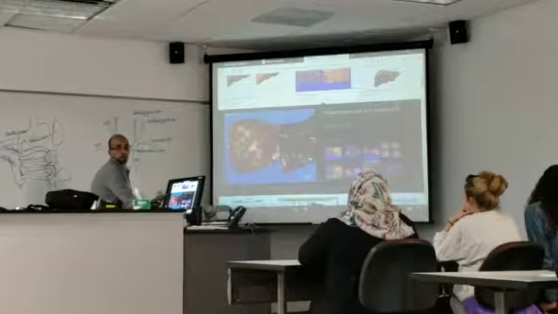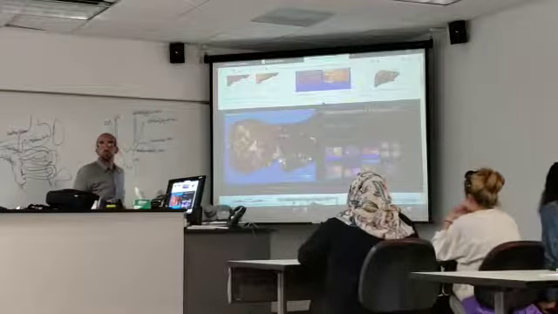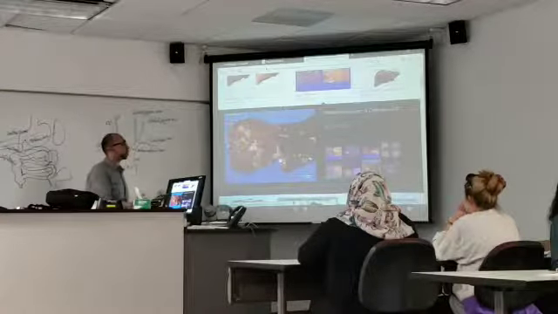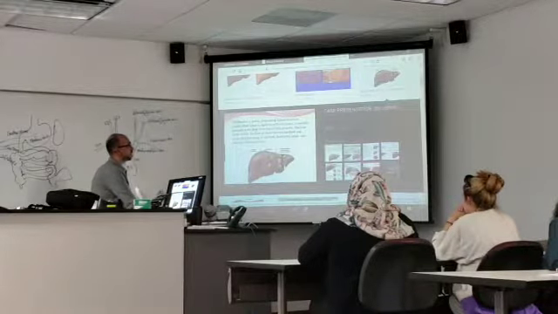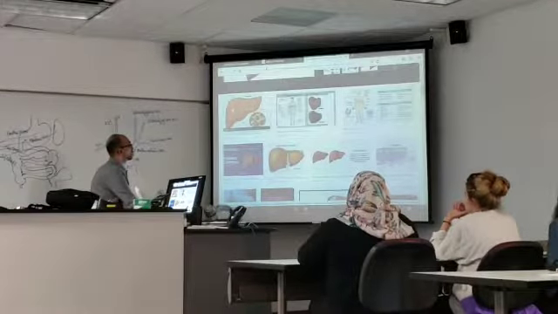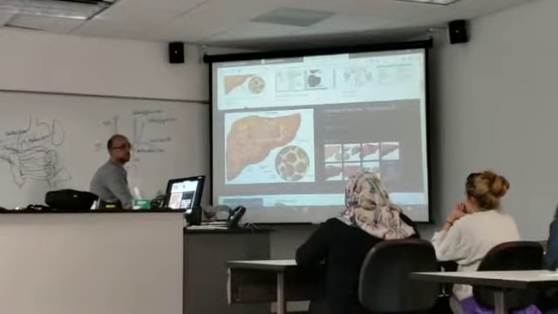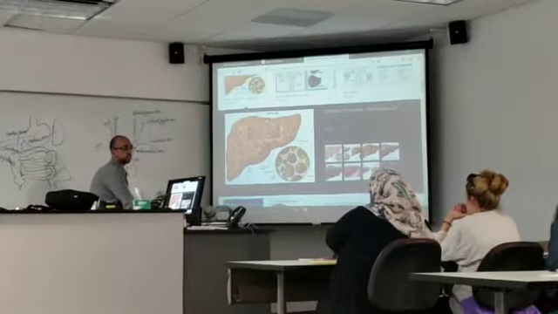So my problem now is a disturbance in the architecture of my liver. My liver cells are able to regenerate, but the problem is I have lost the normal architecture, the normal shape of my liver, and I have built up fibrous bands inside.